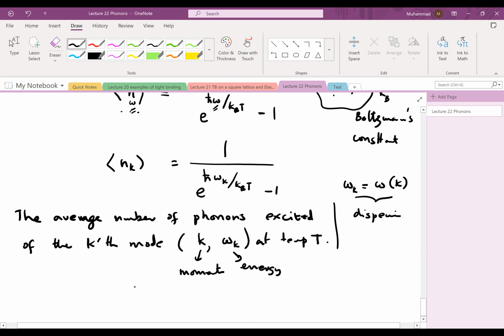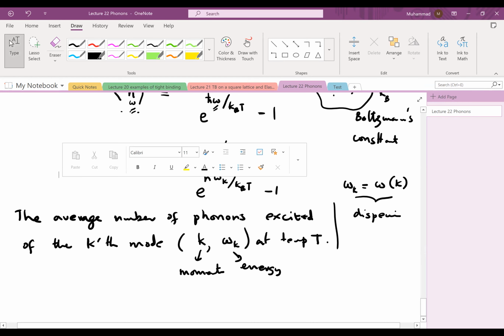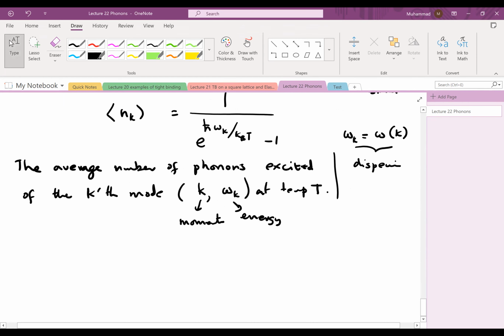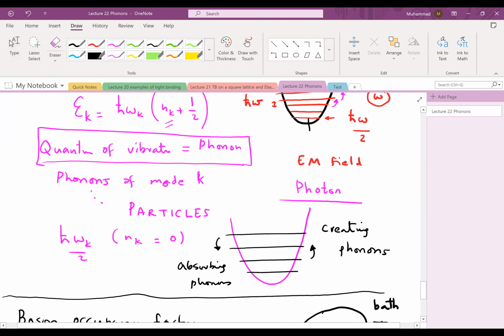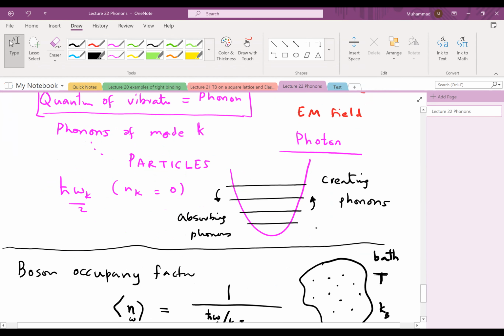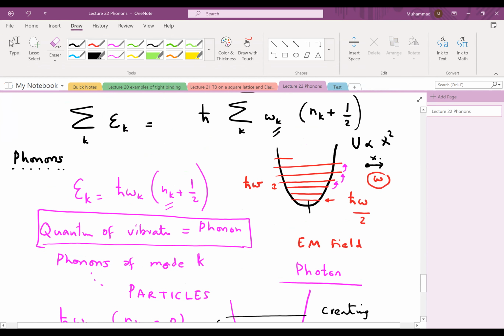So if I talk about n number of particles, each particle has an energy h bar omega k. So one view of looking at this harmonic oscillator is that there are n. So let me come to this equation here. One way of looking at this equation is that this is the number of particles excited, number of bosons, and this is the energy of each one of them.